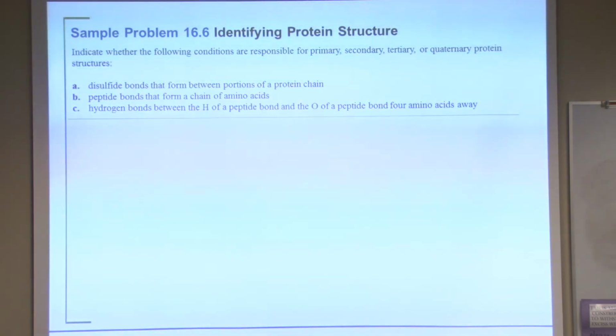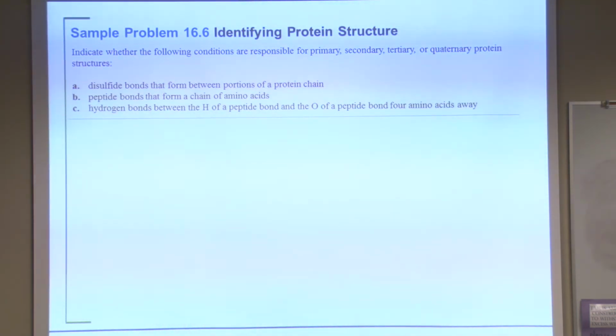Okay, indicate whether the following conditions are responsible for primary, secondary, tertiary, quaternary. Disulfide bonds that form between portions of a protein chain, peptide bonds that form a chain of amino acids, hydrogen bonds between the hydrogen of peptide bonds 4 amino acids away.